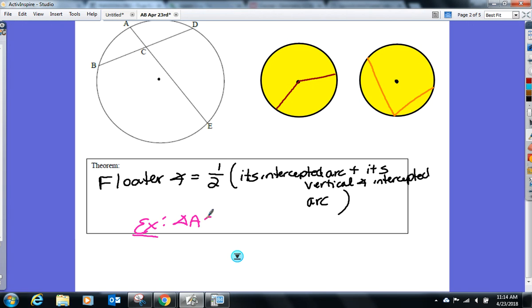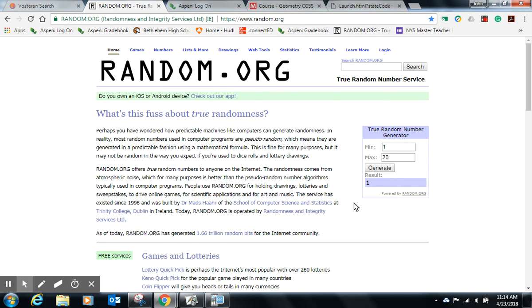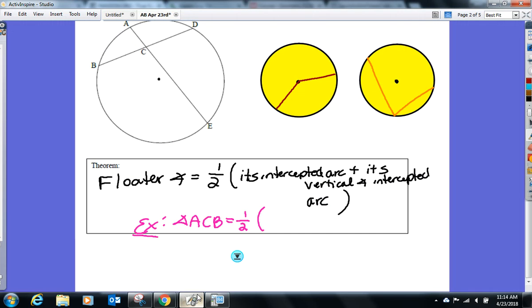ACB is a floater angle. So ACB, this is how I'm going to find it using the theorem. I am going to take half of its arc that it makes. That's what I mean by intercepted arc. So I need somebody to name the arc that ACB creates. And that would be arc AB.